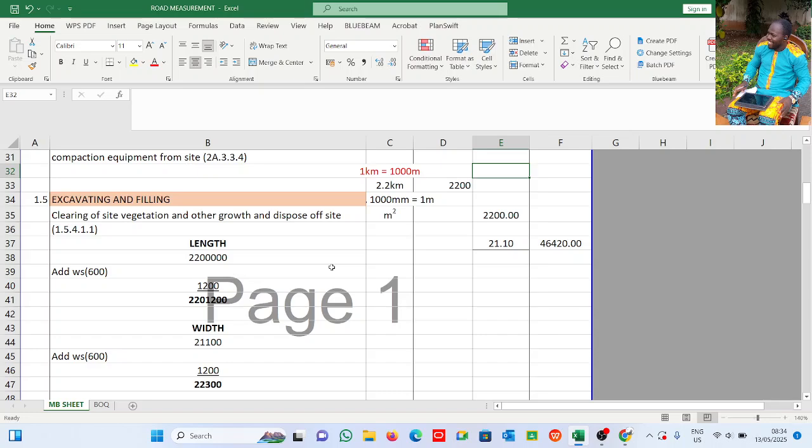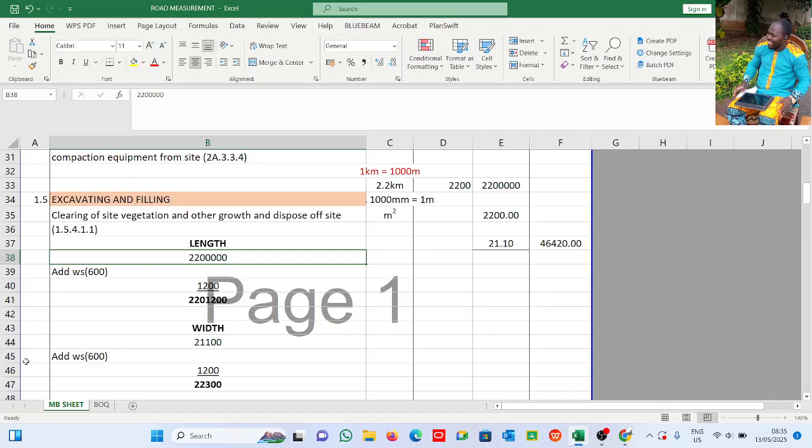So that will now be 2,200 times 1,000. That will give me this. This is what I have here. Alright, this is clear. This is in millimeters now.